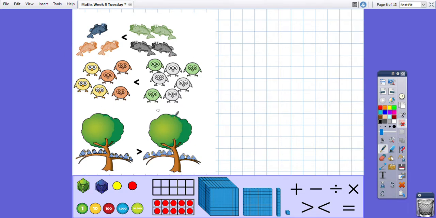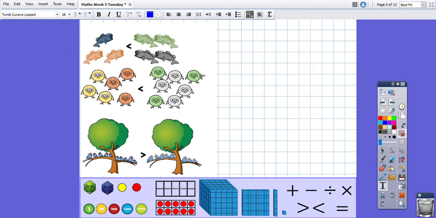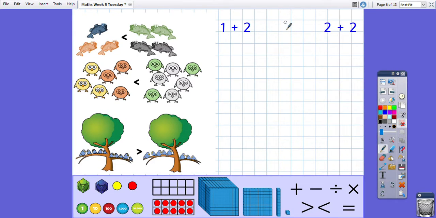I've got 3 sets of pictures here. We're going to write them out as sums, okay? So for the fish, I've got 1 add 2, and then I've got 2 add 2. I can see from my picture that 2 add 2 is the bigger number.